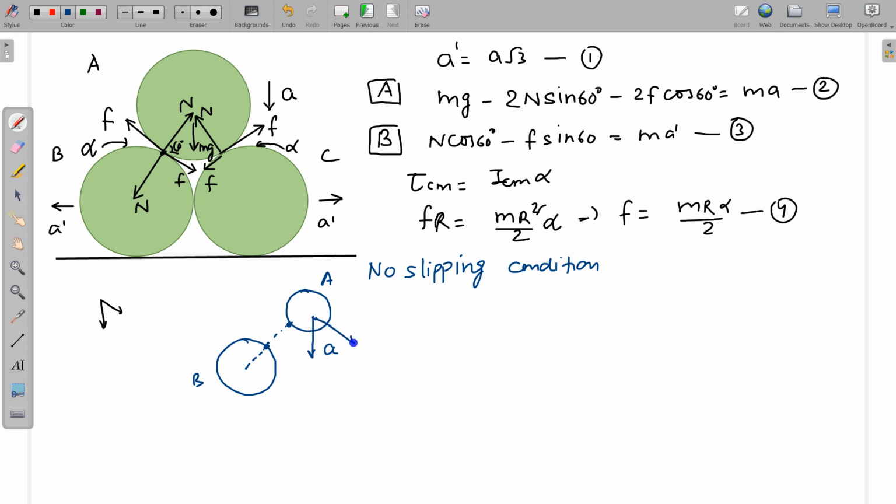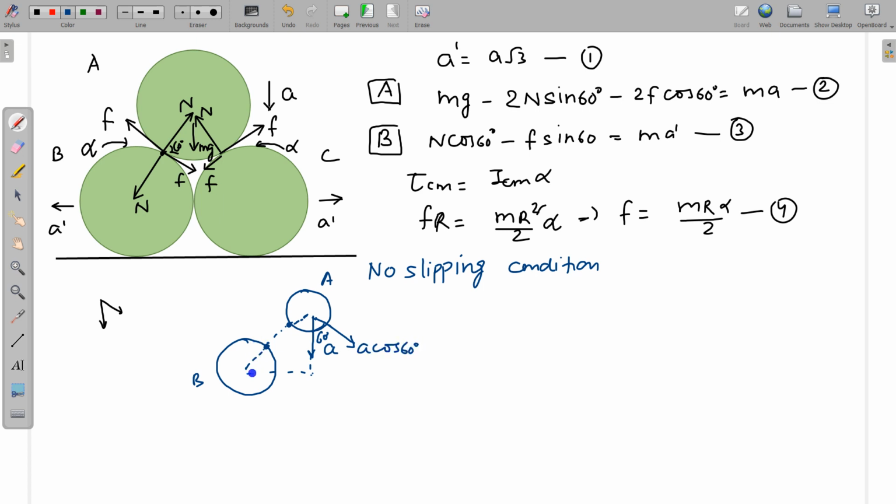First we have to find the angle. So this angle is 60, this is 30, and this angle is again 60 degrees. So this is A cos 60. So this component is A cos 60.